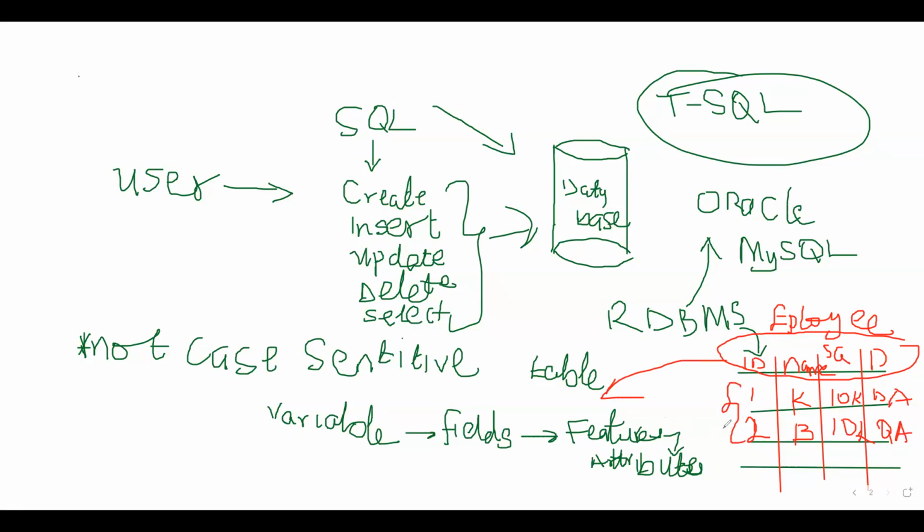This one has a different name, and they are called records. So that's each person's record. They are also called rows. If I go deeper into mathematics, they are called tuples.